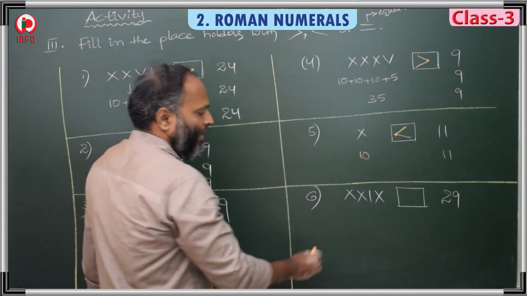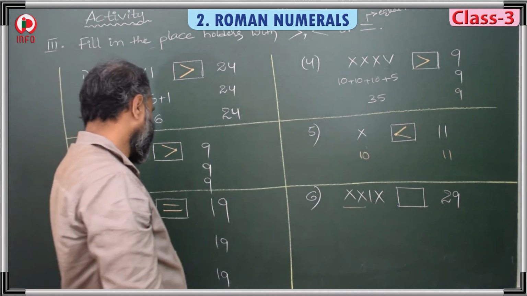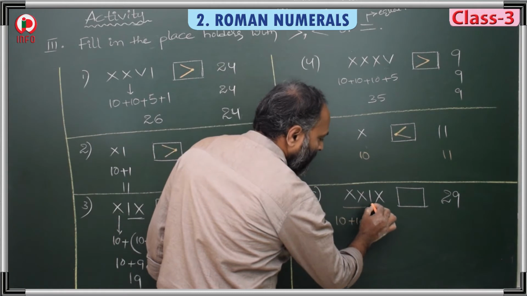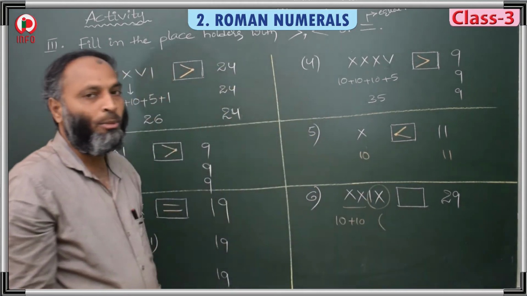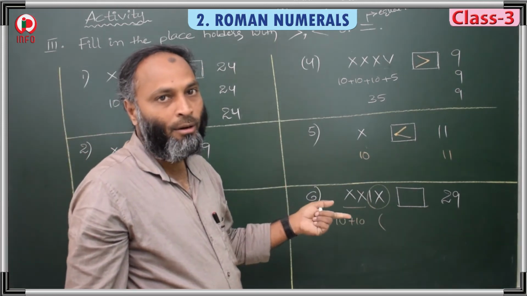Then after that, here X and X. 2 times X repeats here. It means add 10 plus 10. After that, in between these two, how are the numbers? Here the smaller Roman numeral is on the left side of a bigger Roman numeral.